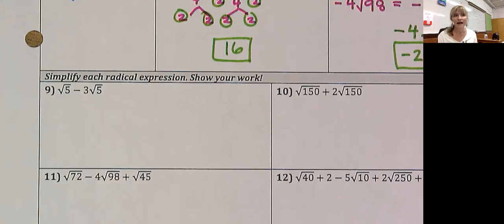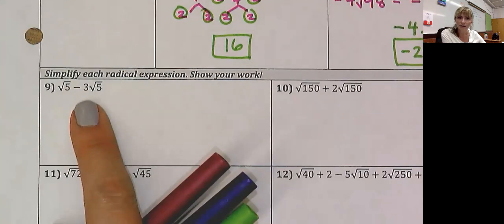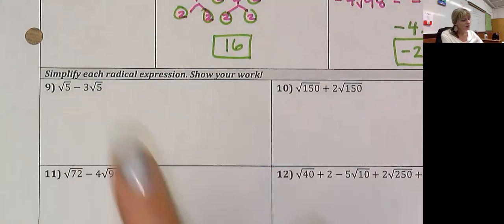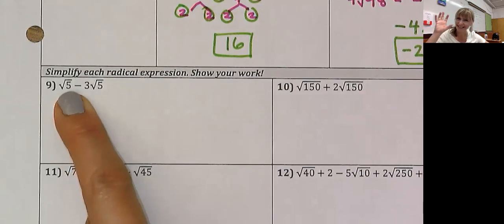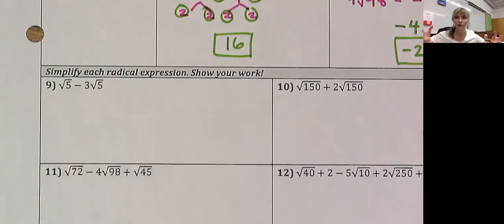If you're trying to add inches to centimeters, you can't until you convert it all to centimeters. You have to get things the same size. That's true here for radicals as well. This means I can only combine square roots of 5. That's a size now, like fourths or centimeters. I can only combine square roots of 5 with other square roots of 5.